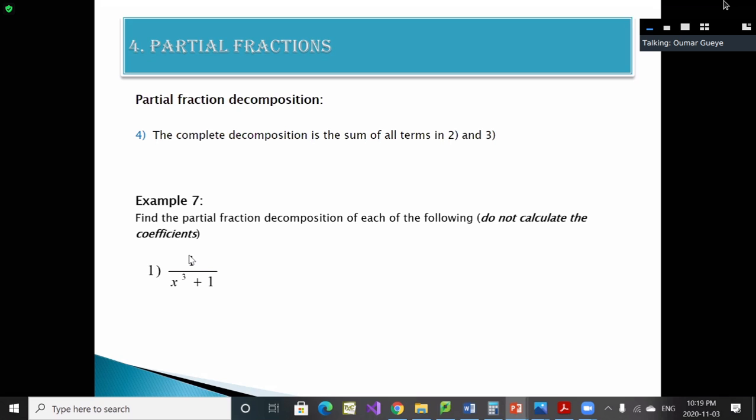So since you have a polynomial function over a polynomial function, the first condition is satisfied. And the second condition is also satisfied because the numerator's degree 0 is less than the denominator's degree 3. So you don't need to do any long division. We have just to apply directly the method because the two conditions are satisfied.